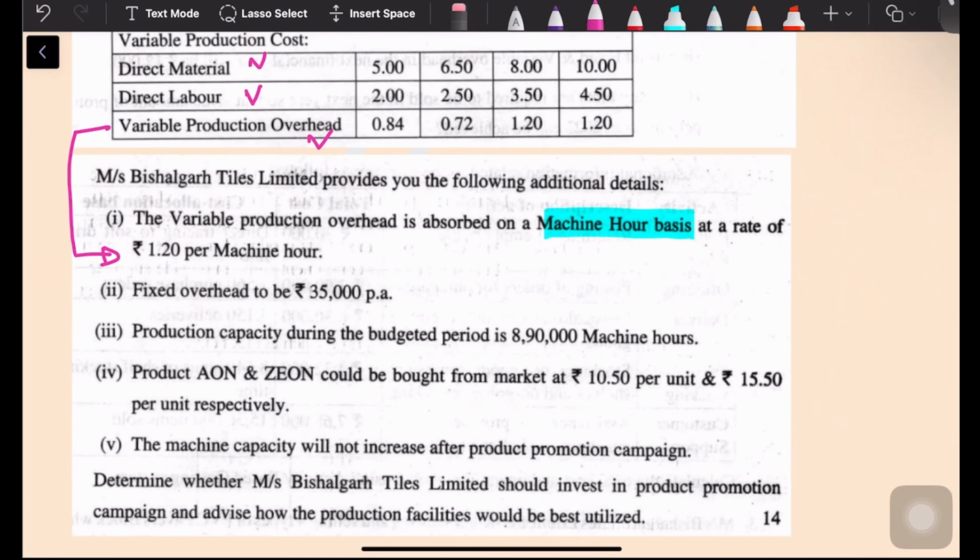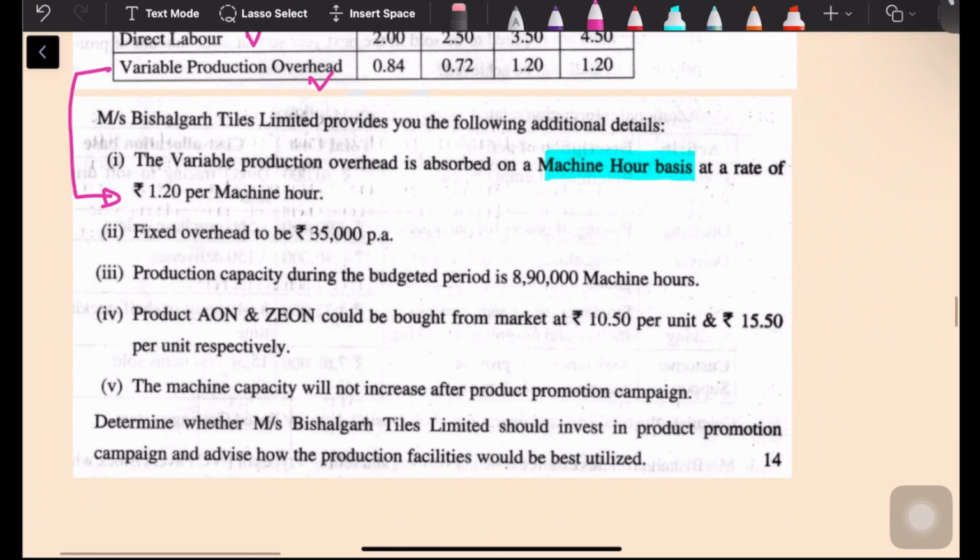Fixed overhead is 35,000 per annum. Production capacity during the budgeted period is 8,90,000 machine hours. So here the limiting factor is machine hour, and the total maximum machine hours available, 8.9 lakh, is already given. You don't have to calculate indirectly. Products AON and Xeon can be bought from the market at 10.5 per unit and 15.5 per unit respectively.